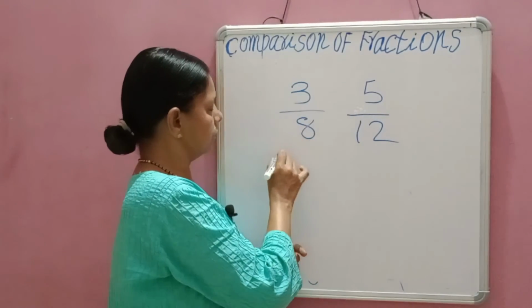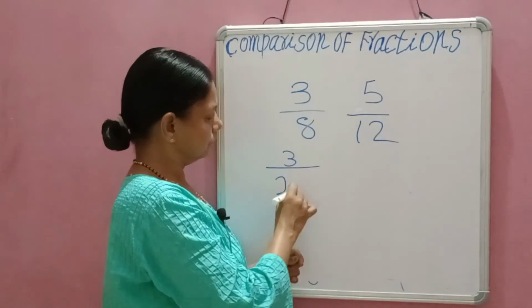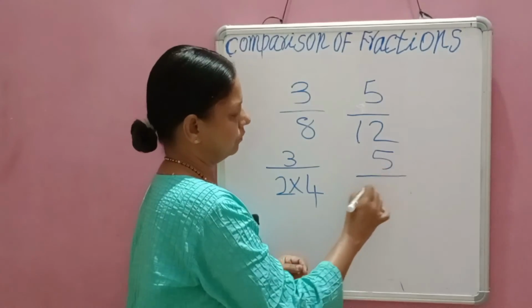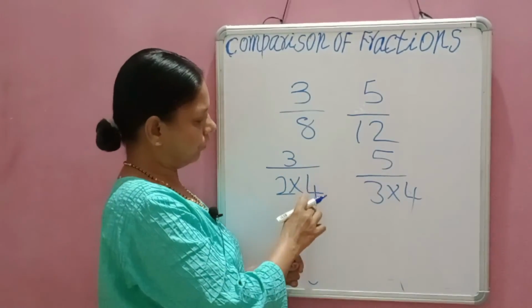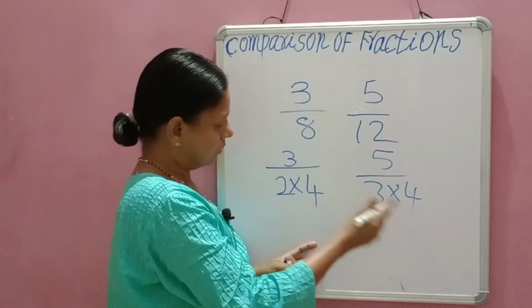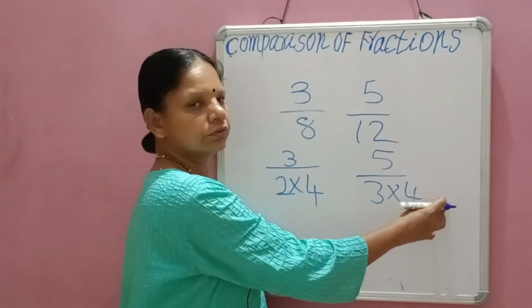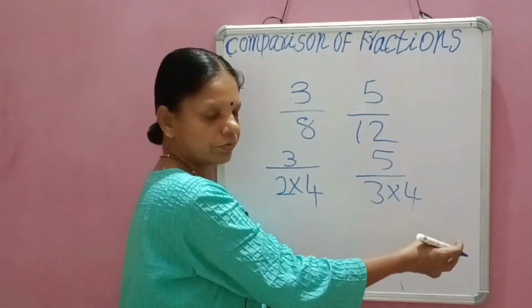So it is equal to 3 upon 2 into 4, and here 5 upon 3 into 4. So 4 is the same here, so for 4 you need not do anything. Only you have to multiply here by 3 and here by 2 to equalize the denominator if there is a common factor.